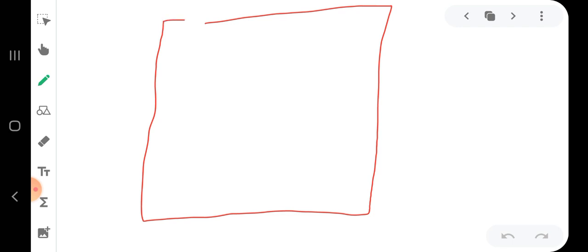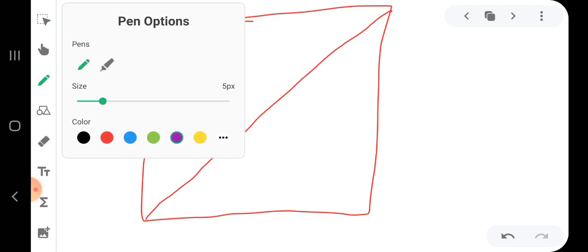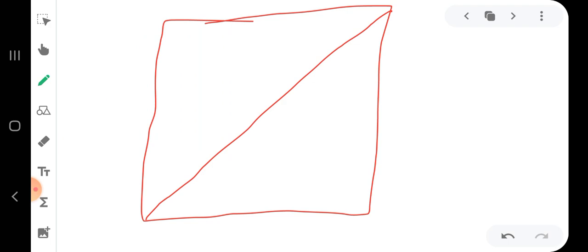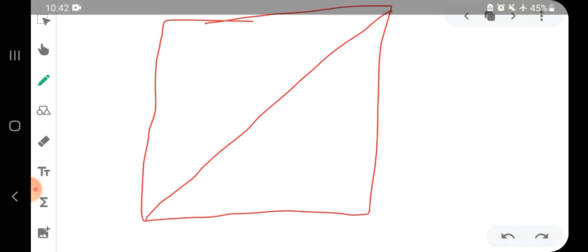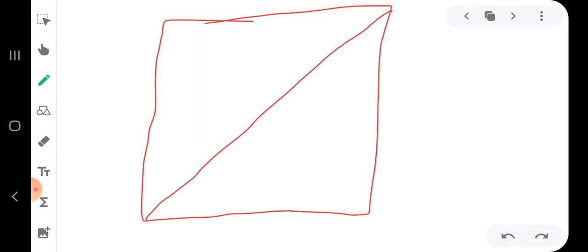Okay, so let's do the McCabe-Thiele chart for multiple feed. We start by drawing the 45-degree line, and then we draw the equilibrium curve.